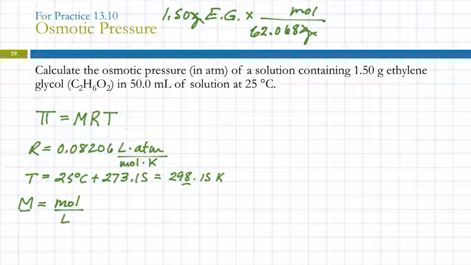Grams cancel. So 1.5 divided by that, 0.024167 moles.